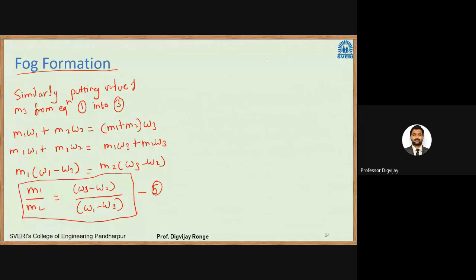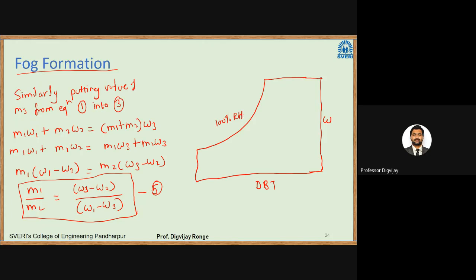If I show a similar process on a psychrometric chart, suppose there is a psychrometric chart. You know on the horizontal axis we have dry bulb temperature, DBT. On the vertical axis we have specific humidity. This curve is nothing but 100% RH, that means air is saturated. Okay, so we have one point here, P1, and then we have point P2.